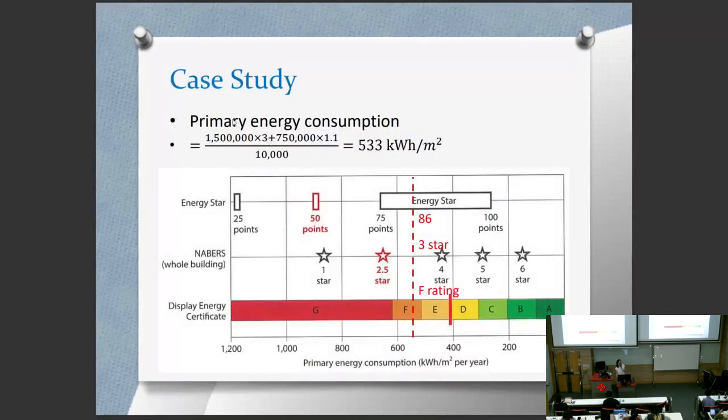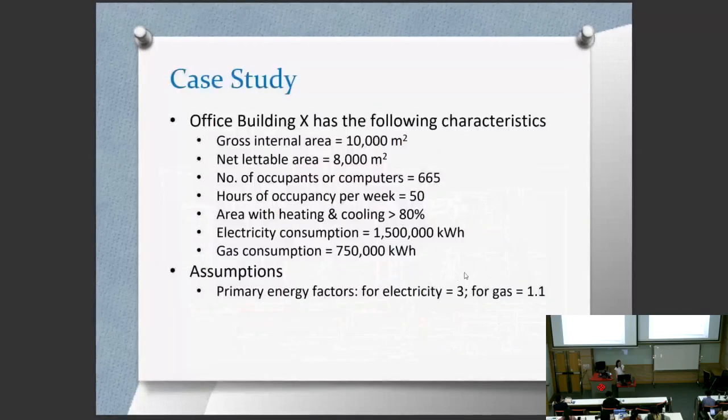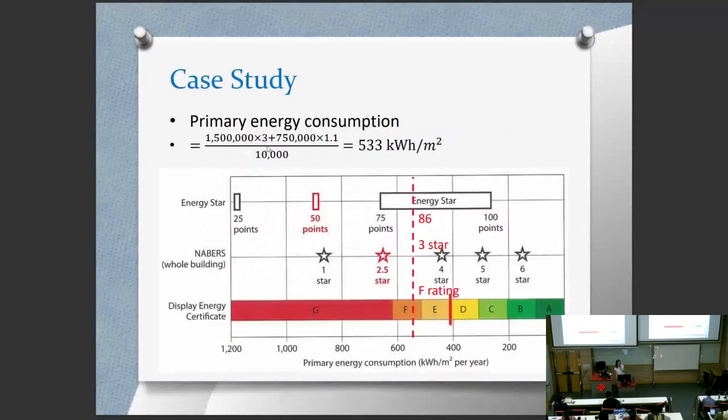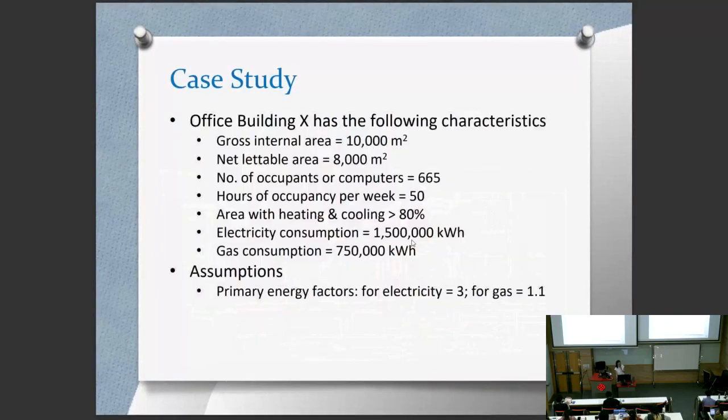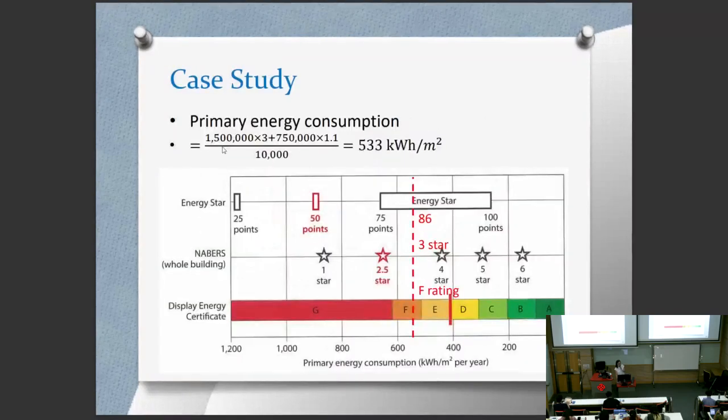So for the primary energy consumption, this value multiplied by 3 plus this value multiplied by 1.1, divided by the area, just a conversion, so we have 533 kilowatt hour per square meter.